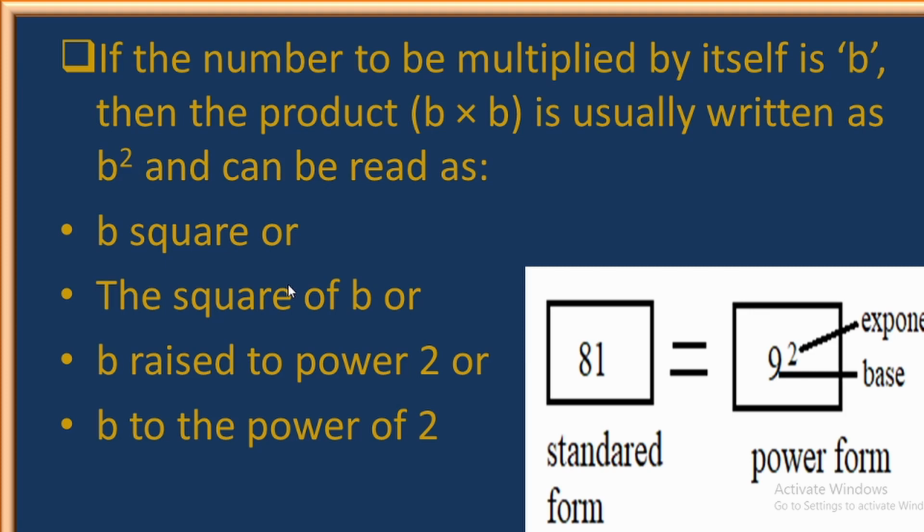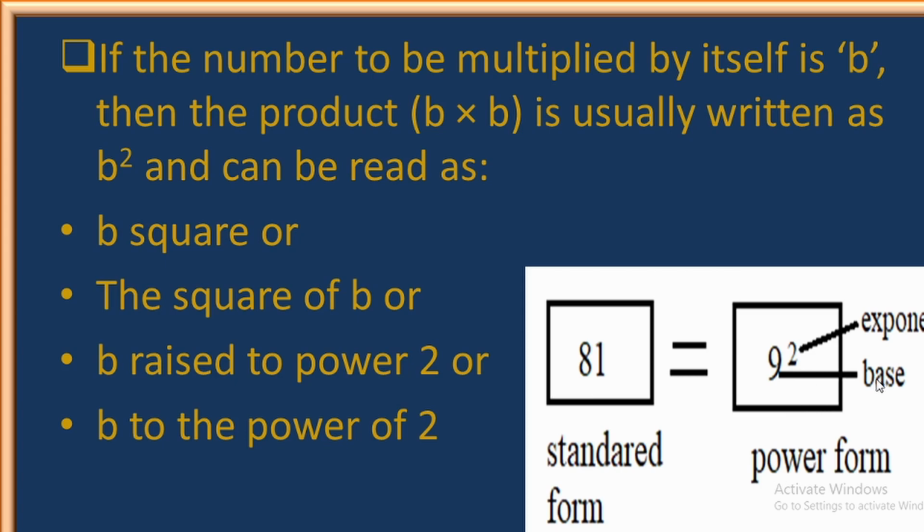On the screen you are seeing 81 is equal to 9 square. This one, 81, is the standard form of the number, and 9 square is the power form. And the number 9 is called what?